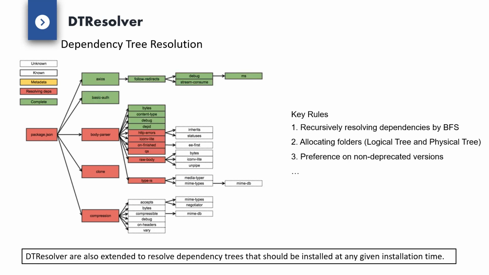Basically, it recursively resolved dependencies by BFS, and it organized the dependency tree in the way of physical tree that all transitive dependencies are supposed to be put in the root folders unless the previous installed version is not compatible with the dependency constraints. After this, it reformed the logical dependency tree from the physical tree of folder structures.